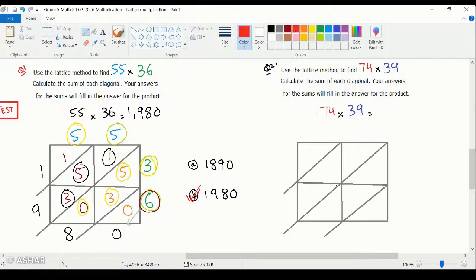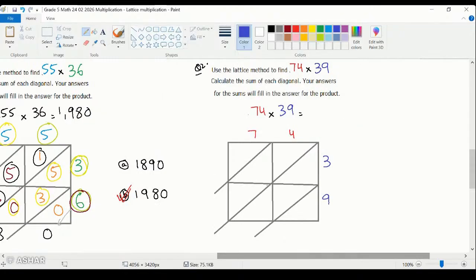Okay, I'll write down the options. Option A, the first option given was 2886. Option B is given as 2868. They're very close numbers, right?